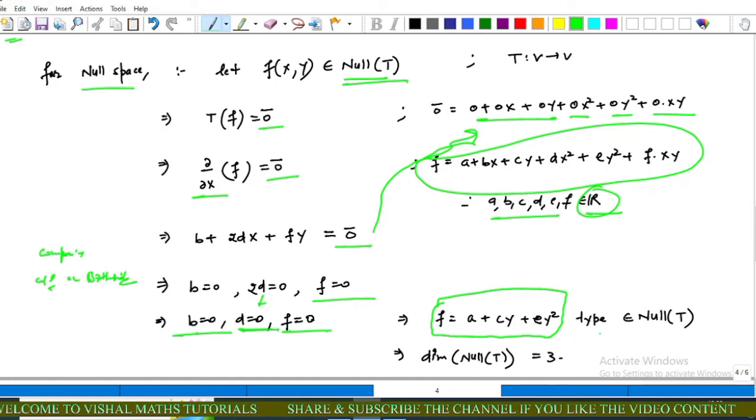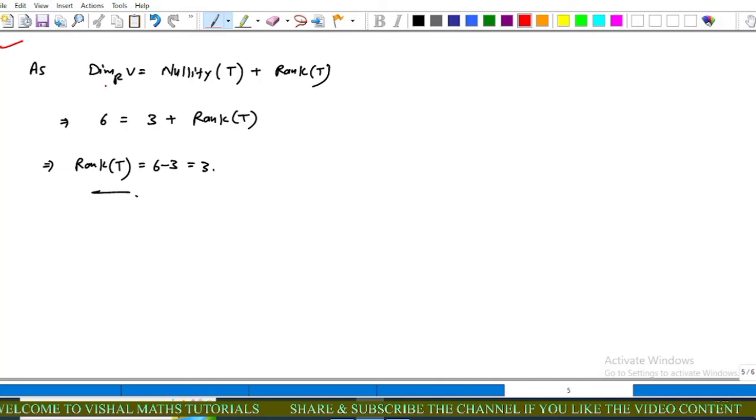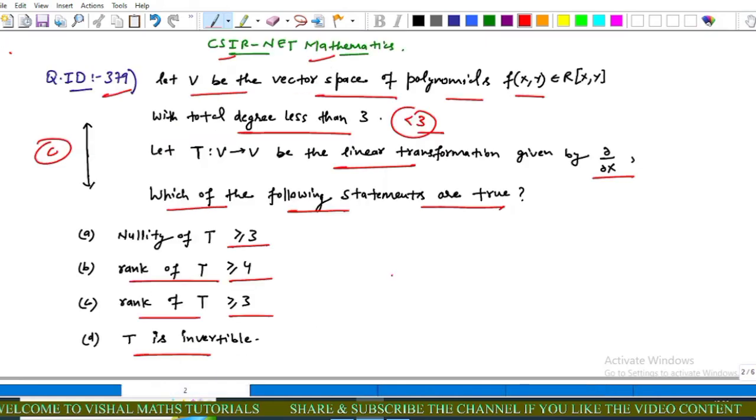This polynomial in general belongs to the null space of T, and the dimension of this null space is equal to 3, because it has 3 free coefficients. Now using the rank-nullity theorem, dimension of V = nullity of T + rank of T. This implies that 6 = 3 + rank of T, that is rank of T = 3.